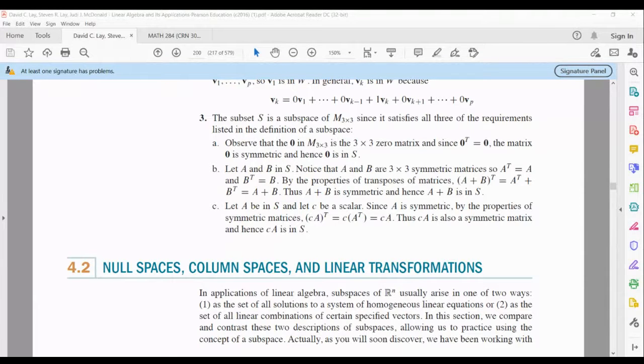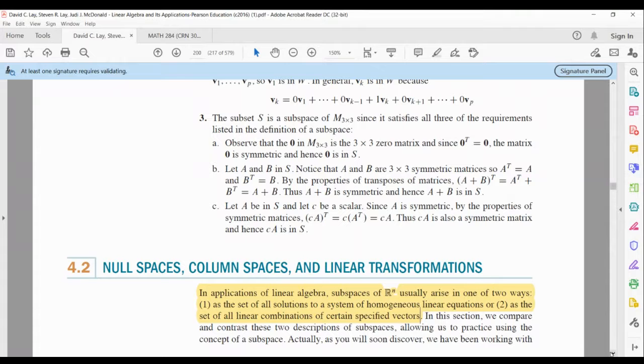So in applications here of linear algebra, they mention right here that subspaces arise in one of two ways. One is a set of all solutions to a system of homogeneous linear equations, or as a set of all linear combinations of a certain specified set of vectors.